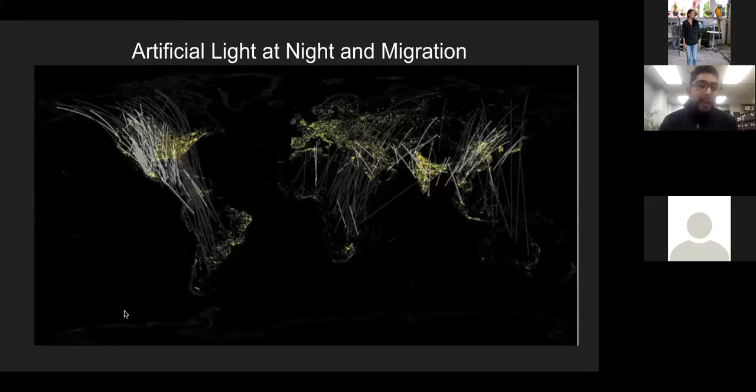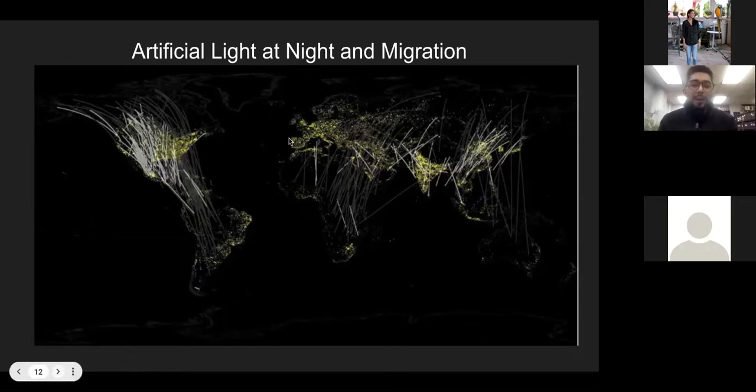For example, North America's east side has a lot of lit spots if we compare it to other sites like the Amazon. And even though maybe there is not that much light pollution, it can still have negative effects, even if it's at a small scale.